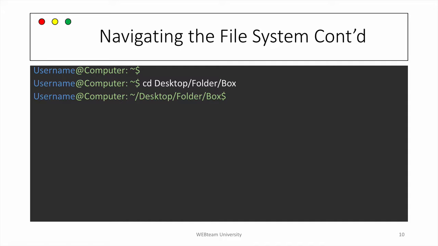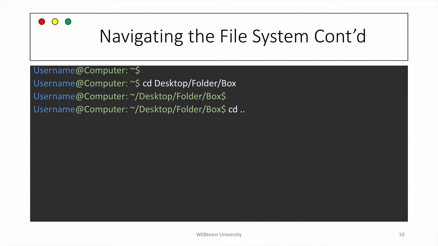So we can simplify things, and we can tell the computer what we want to do. We want to see the contents in a directory that's several directories away, or we want to move several directories in or out. Once we know how to communicate with the computer through the command prompt, it makes things a little bit easier because we can shorten the amount of steps that it would take.